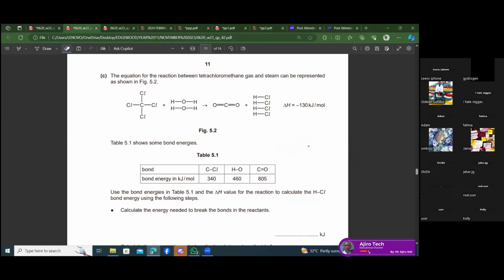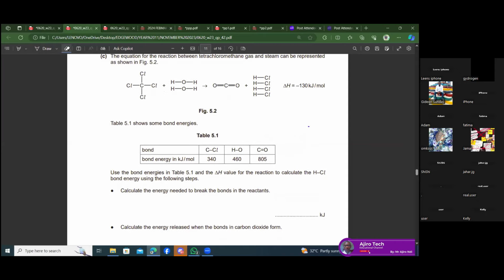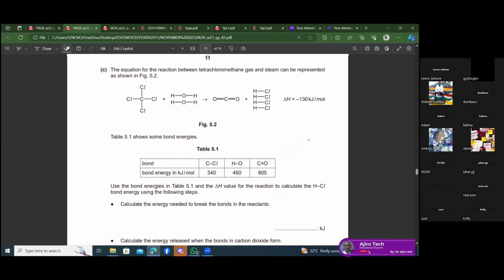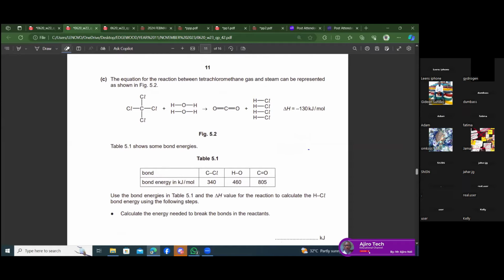Okay, so let's briefly do bond energy. The first question is you are given a lot of information and then you are asked to calculate the energy needed to break the bonds in the reactant. So for us to get the energy needed to break the bonds in the reactant is to look at how we're going to break all of this. You see that the breaking is going to occur here, here, here, here.